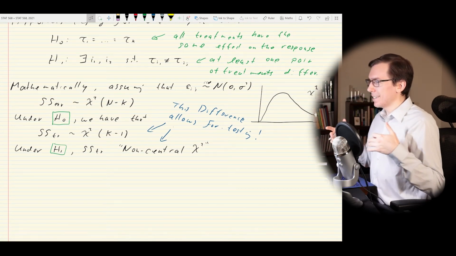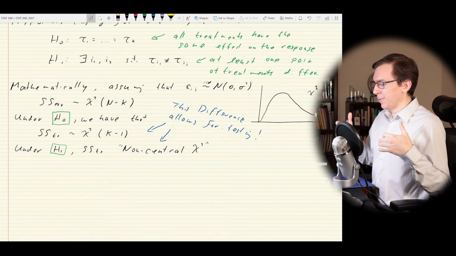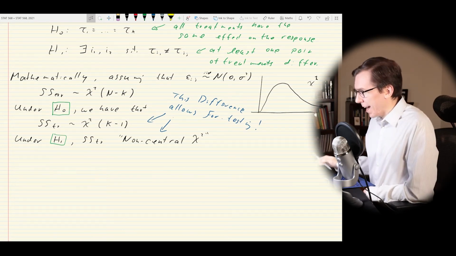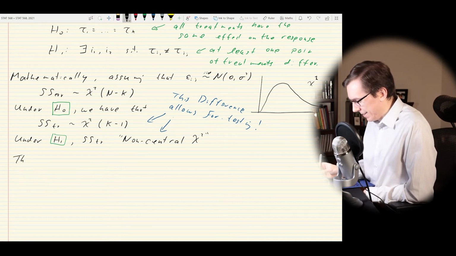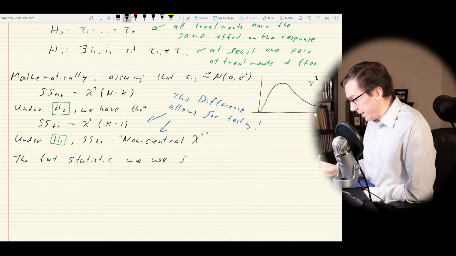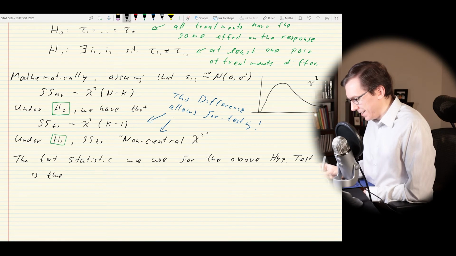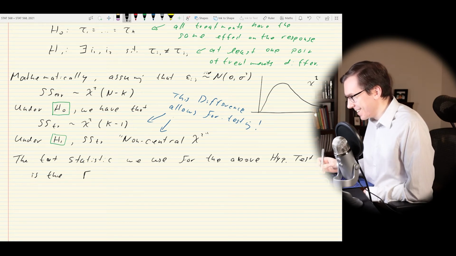But anyway, the idea is that we want to use these tools for hypothesis testing. So the test statistic we use for the above hypothesis test is the fabled F statistic.